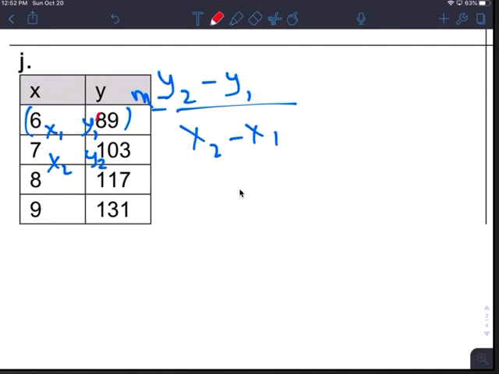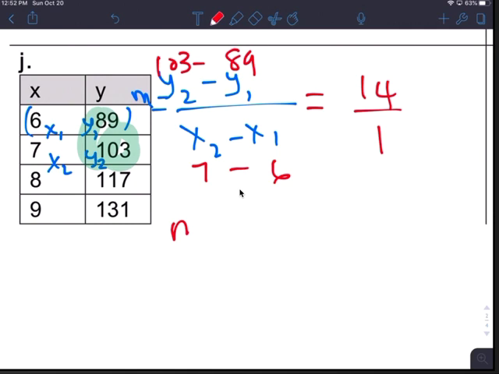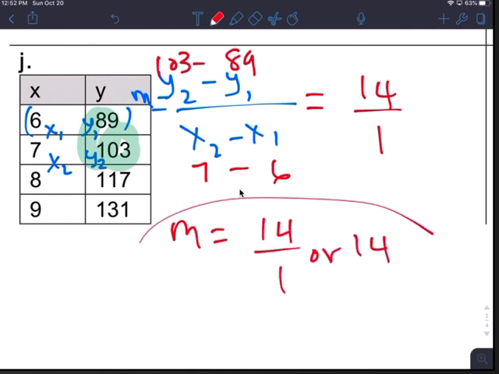If you haven't noticed that yet, these are the Y's. Y sub 2 is 103 minus 89 over the X sub 2, which is 7 over 6. Okay, 103 minus 89, you get 14 over 1, or the rate of change is 14 over 1, or just 14, right?